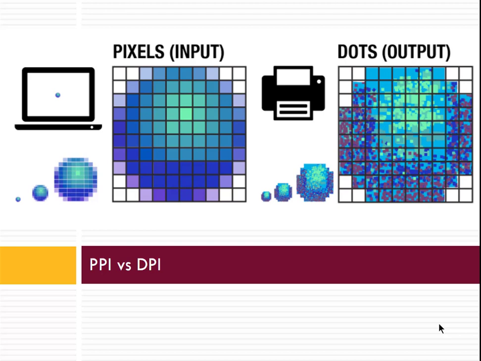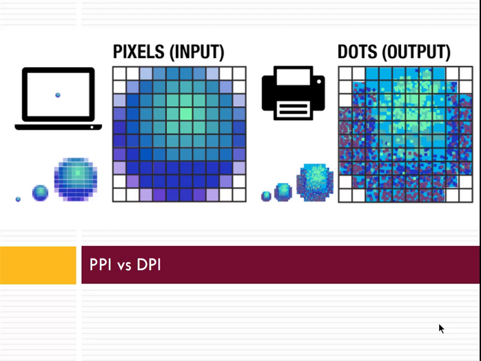On the right-hand side, the difference is that all those pixels have to be converted into dots. And you'll notice that for every single pixel on the left-hand side, there's going to be a large number of dots that make up that pixel. Because if we think back to CMYK, we have 3 colors and black to work with, right? Our pixel on the screen can be purple, which is going to be a magenta and a blue mixed together.